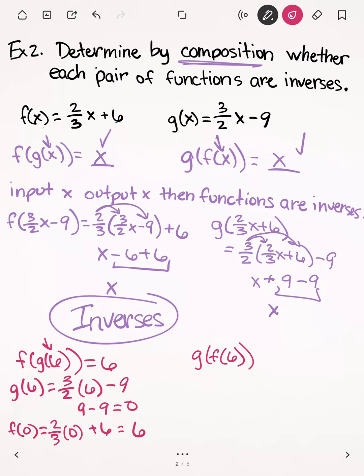So I double check over here. I'm going to start with finding f of 6 first, which gives me 2/3 times 6 plus 6. Well, 2 times 6 is 12, divided by 3 is 4. So I have 4 plus 6, which gives me a 10. And now I have to find g of 10. So I get 3/2 times 10 plus 9 minus 9.